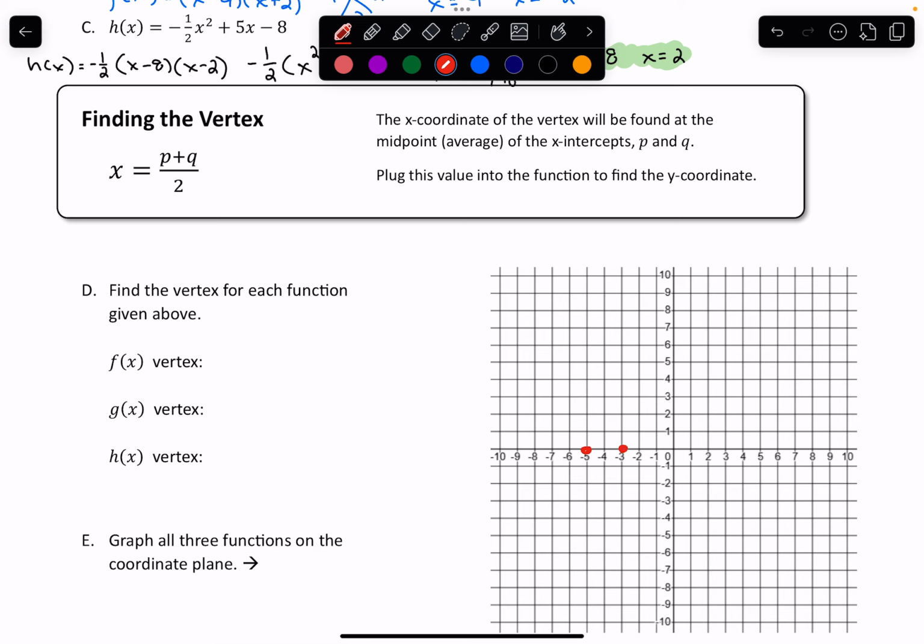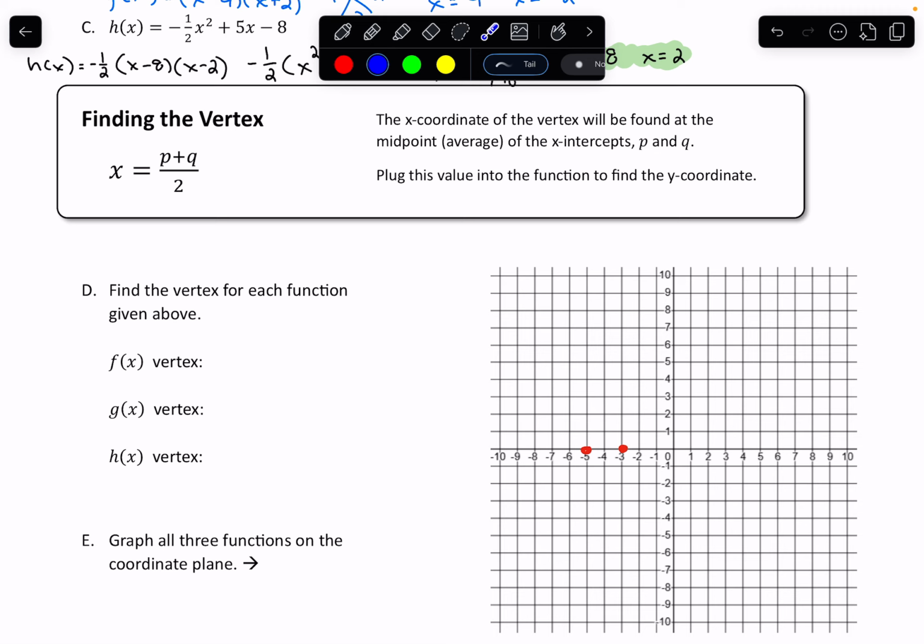The problem is I don't know where the vertex is. I don't know if it goes down to -5 and back up. I don't know if it goes down to -10 and back up. I don't know if it barely goes underneath 0 and goes back up. But I do know where it's going to stop going down and turn back up.